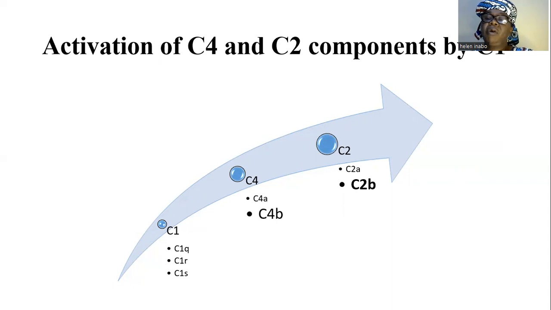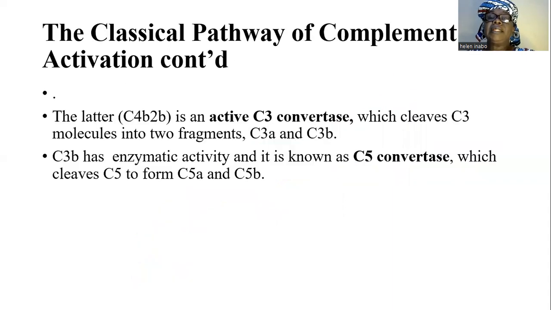C4b combines with the immune complex, followed by activation of C2 into C2a and C2b. C2b combines with the immune complex. So the latter, which is the C4b2b, is known as the active C3 convertase.